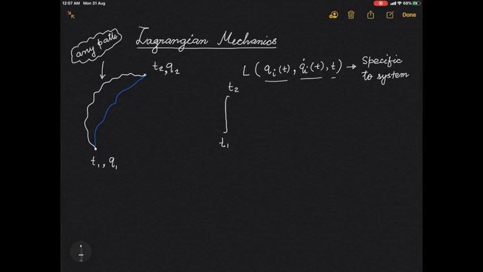And then for that particular path, I calculate this, and I'm not always writing the time dependence explicitly. This I call the action. And we look at now what will this depend on? It depends on the path, right?